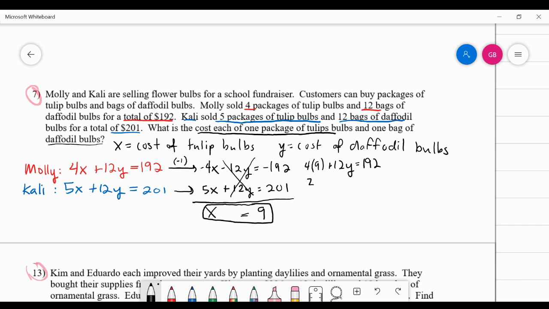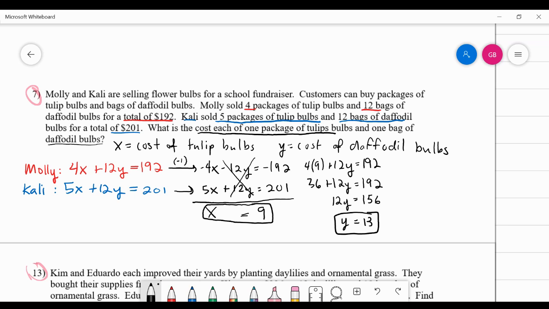So that means that 36 plus 12y is equal to 182. Now I'm going to subtract 36 on both sides. So that means that 12y is equal to 156. And now I'm going to divide both sides by 12 to get the value of y, which is 13.